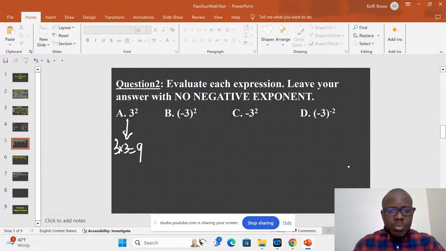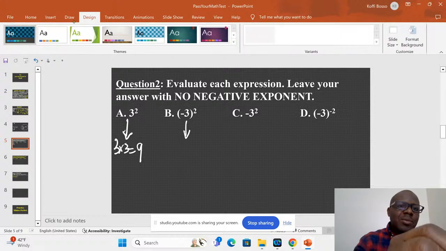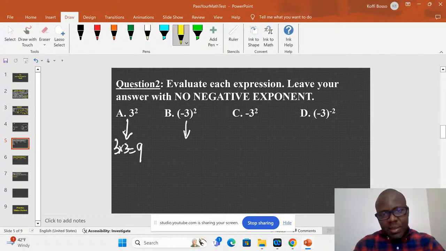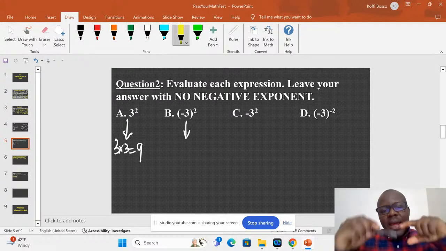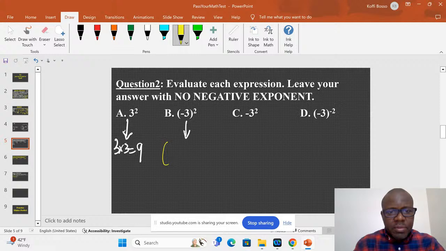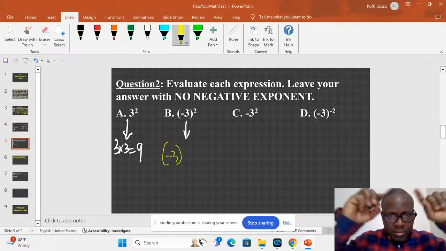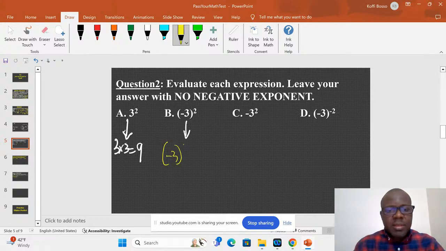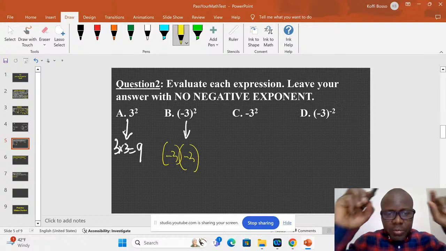Okay, B here is the challenge. Let's use a different color to make a difference between what I'm doing. So here we have a -3, and that -3 is in parentheses. That means you take a -3 in parentheses and multiply by the same -3 again in parentheses.